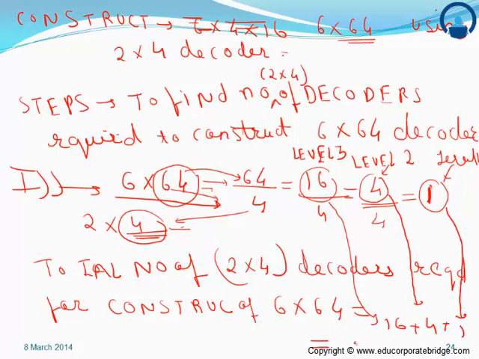So it gives a total of 21 decoders required to construct a 6 cross 64 decoder using 2 cross 4.